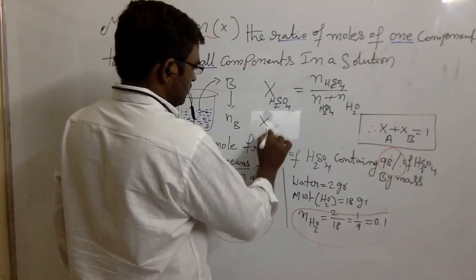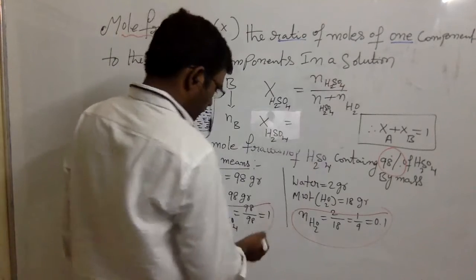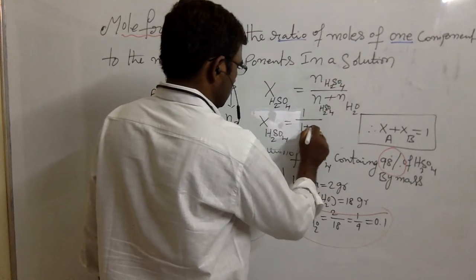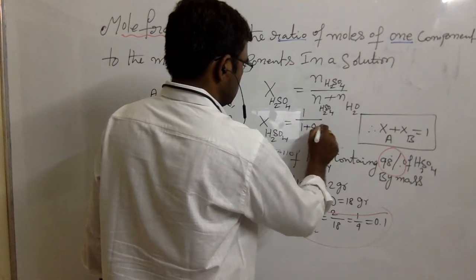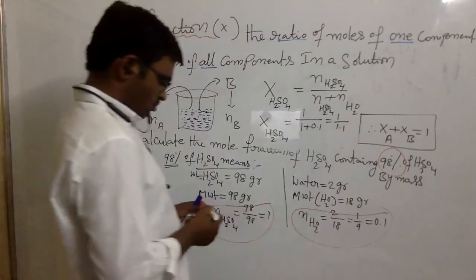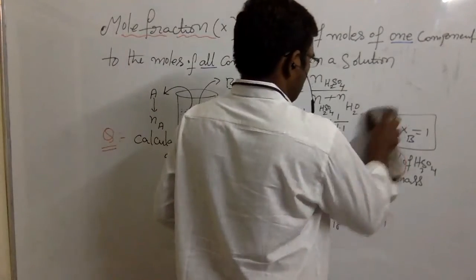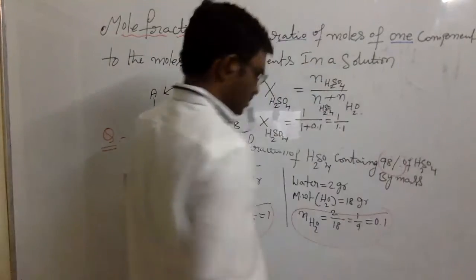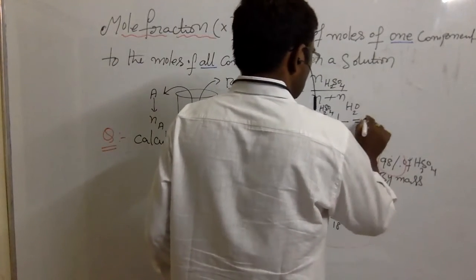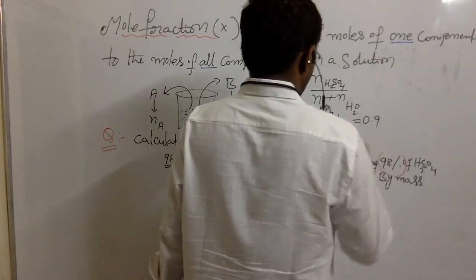Here the mole fraction of sulfuric acid is equal to moles of sulfuric acid, which is 1, divided by moles of sulfuric acid 1 plus moles of water 0.1. Then its value is 1 by 1.1, so its value is 0.9.